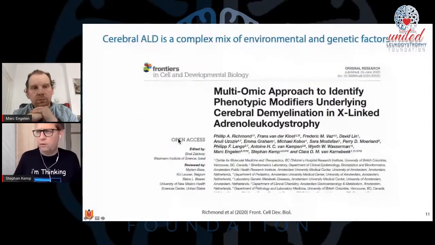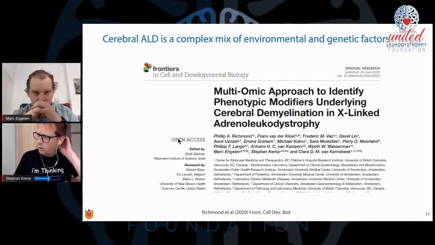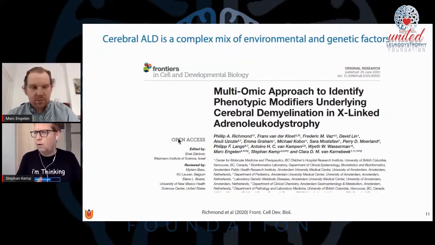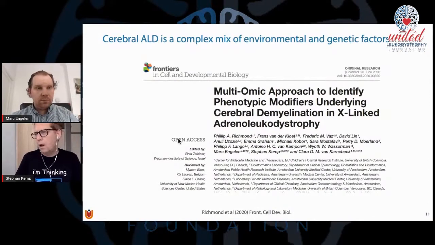So we've been looking for these other factors, and this is a paper that came online last week. This is a large study that we worked on with several groups in Canada, in Amsterdam, for 4 years, trying to hunt for this modifier gene that would enable us to predict whether an individual would develop cerebral LD.